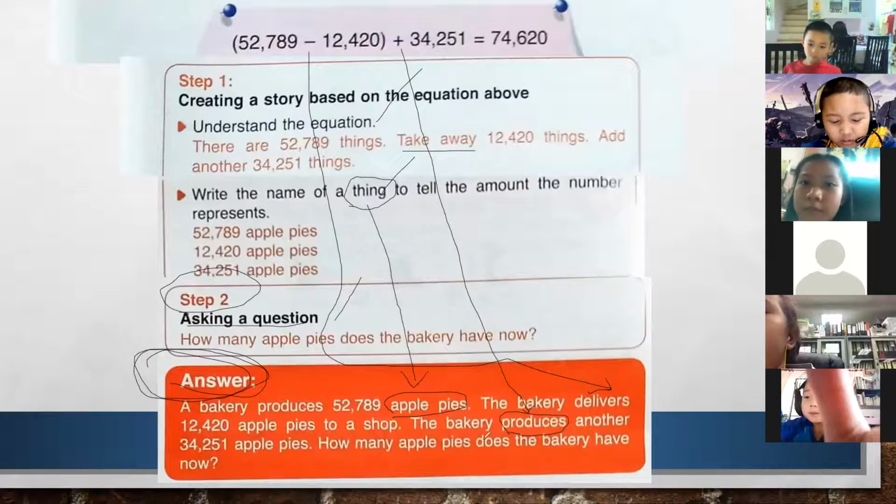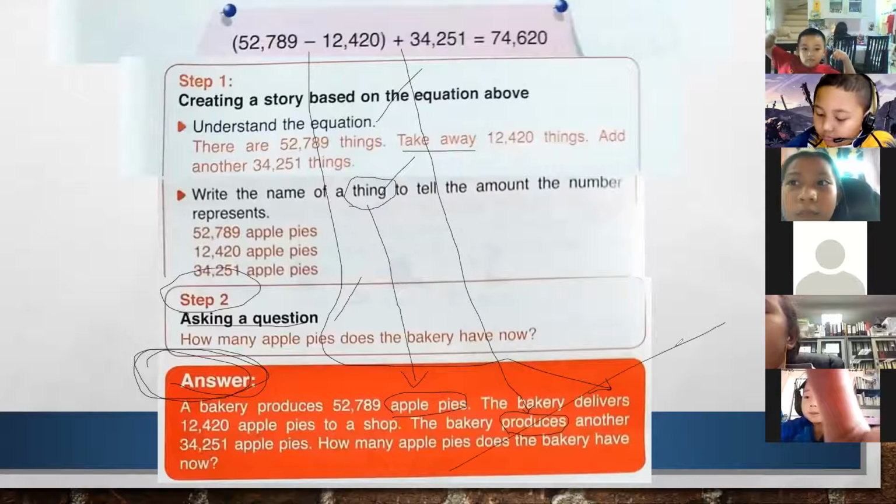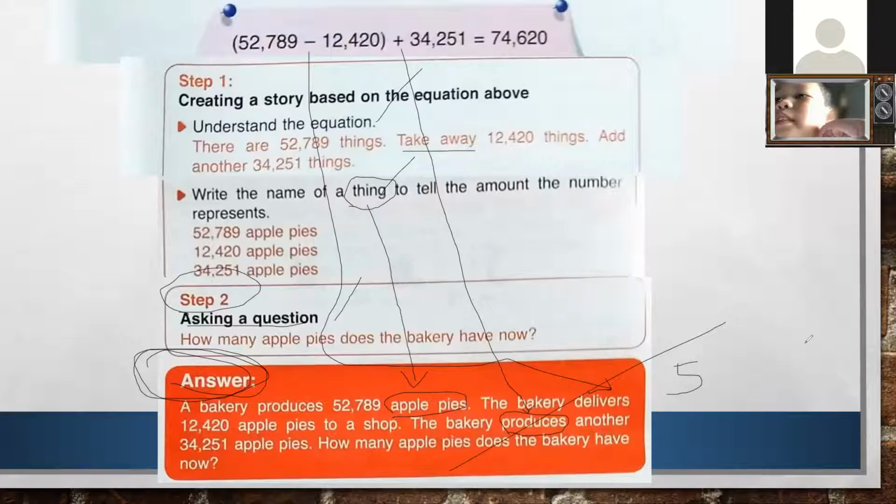How many apple pies does the bakery have now? If you have this answer, I will give you 5 points. Do you understand? I hope you understood.